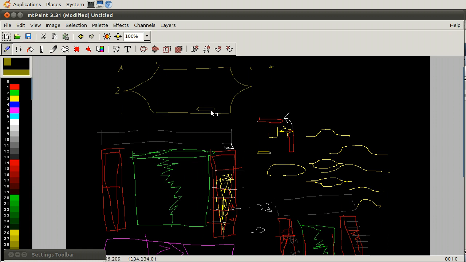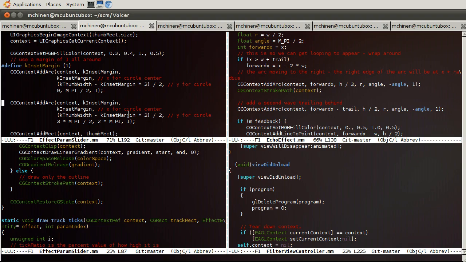Then we want a straight line all the way to there, and the radius is half of the height, so that's easy to do. And actually, I think that automatically will get connected if we just add the next arc. Let's try it.